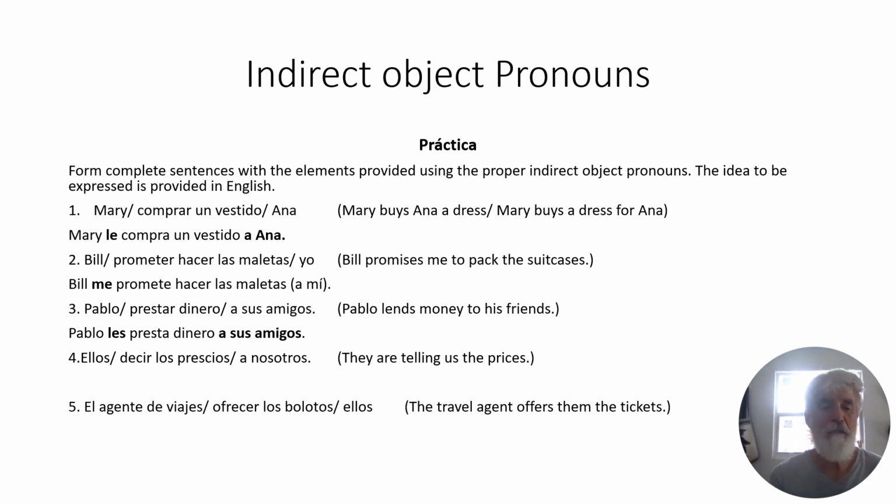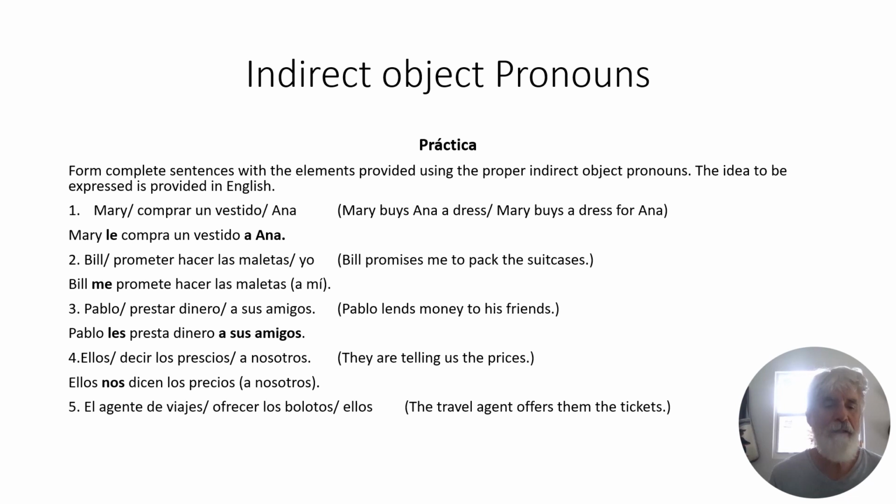Okay. The next one. Ellos decir los precios, and I'm sorry, that's a misspelling. It should be precios. So they tell the prices to us. Well, what is the indirect object pronoun to us? Nos. So ellos nos dicen los precios.